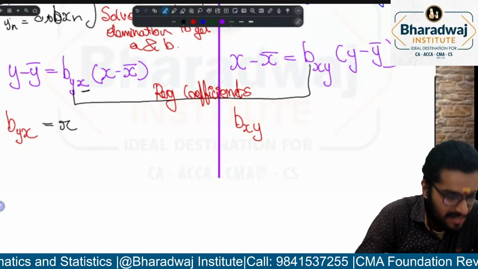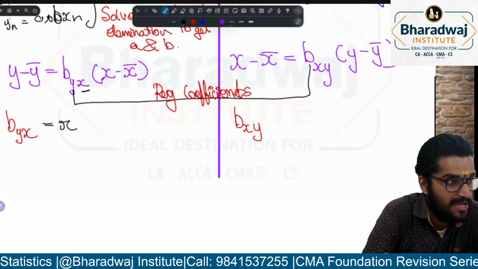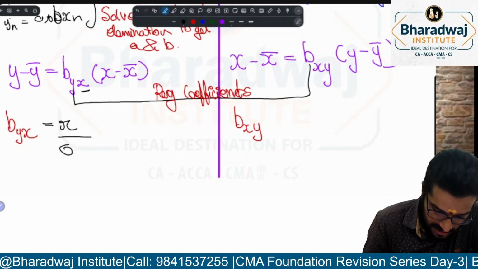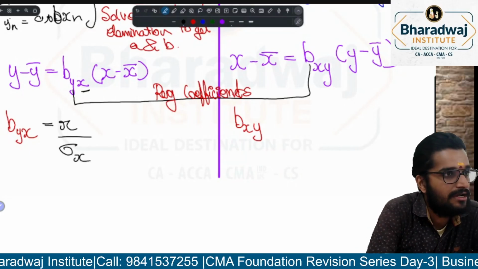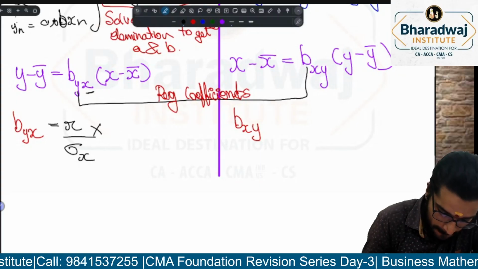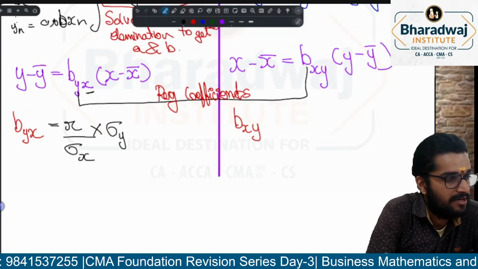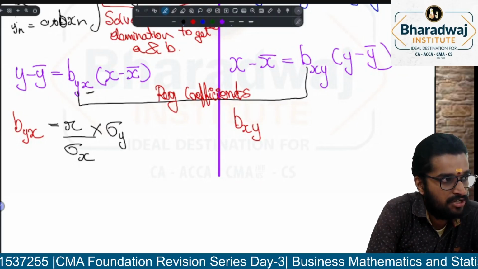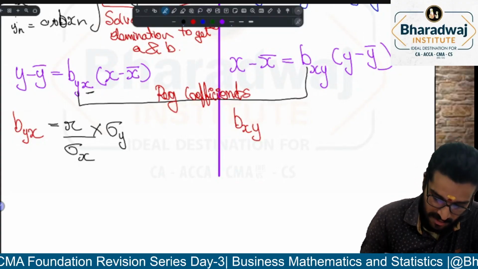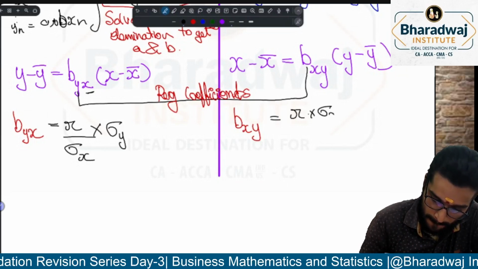For byx, what is the independent variable? X, since it is y on x. Divide it with the standard deviation of the independent variable and multiply it with the standard deviation of the dependent variable. The same rule is applicable here also.